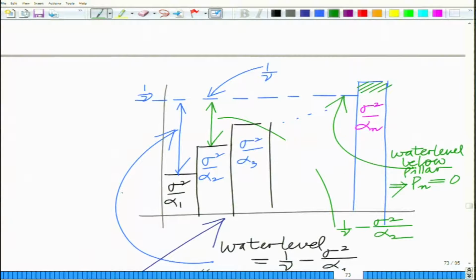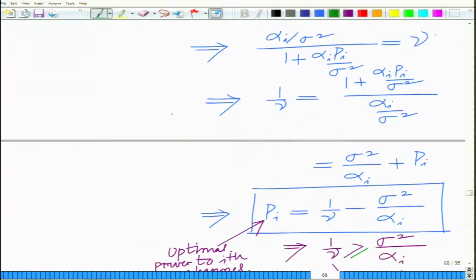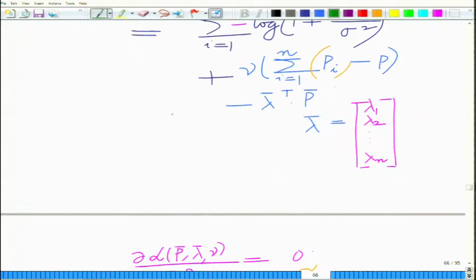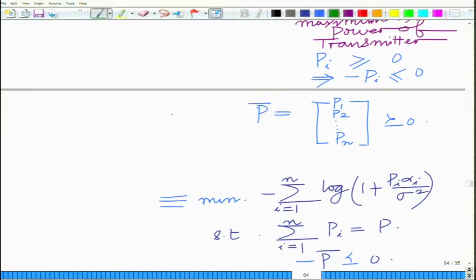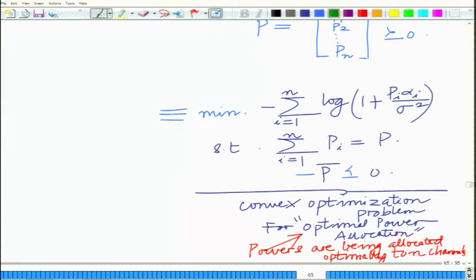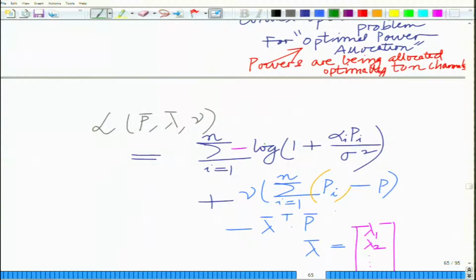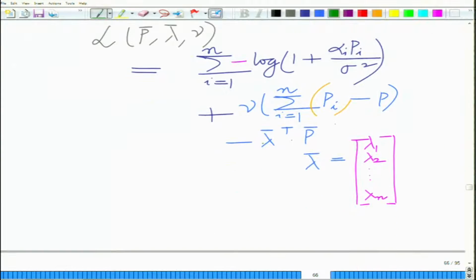And remember, we have seen optimal power allocation, which starts with the singular value decomposition. So, we have log of 1 plus pi alpha I divided by sigma square.